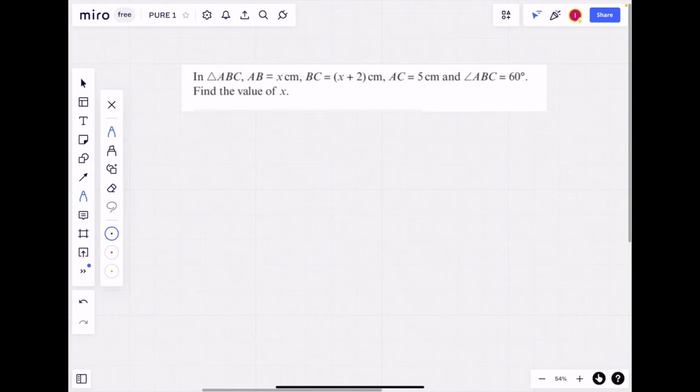So if I just draw a random triangle like this, and I label ABC randomly, in the question it says AB is x centimeters.